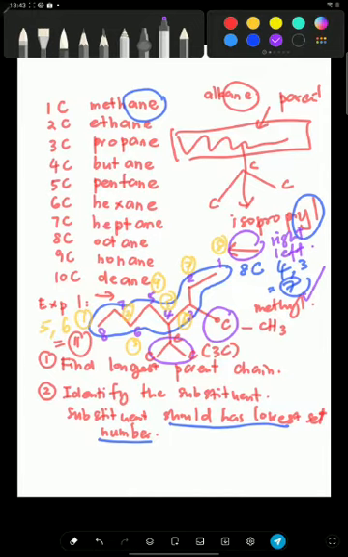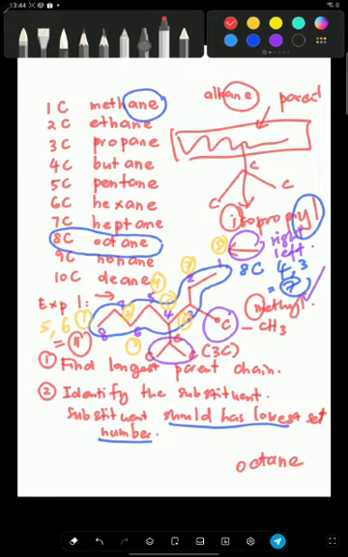Then the naming should be, the number of carbon in the parent chain is 8. So it represents octane. Then you put the name octane. After that, you need to write down the name for substituent, methyl and isopropyl.